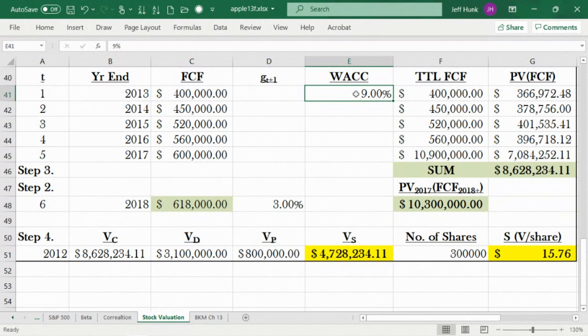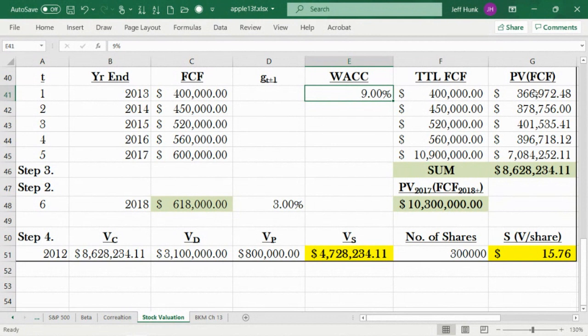You'll have to look into the capital structure, figure out the weight of equity and the weight of debt, and then calculate the cost of equity and cost of debt. But in this problem, weighted average cost of capital is already given, so it makes our lives easier.